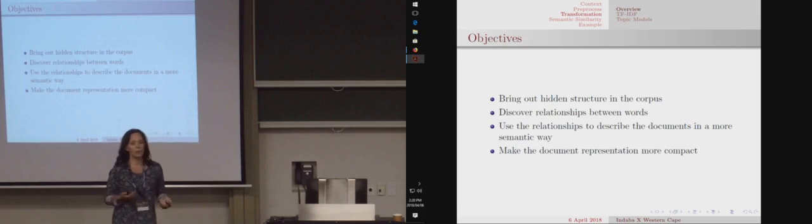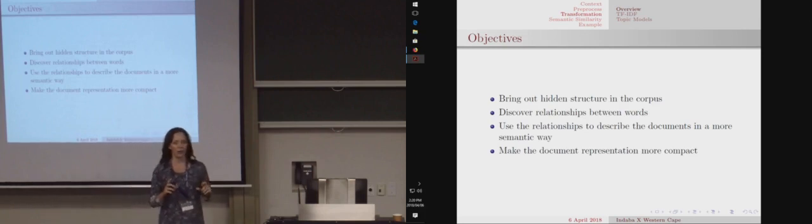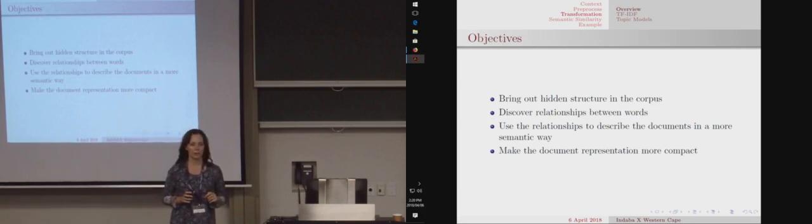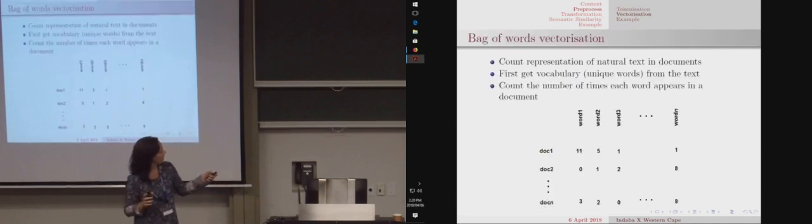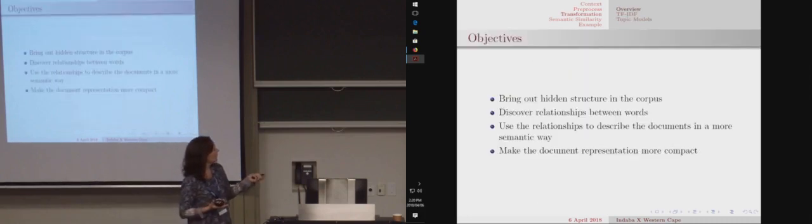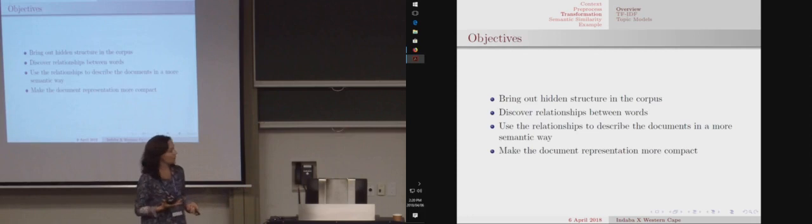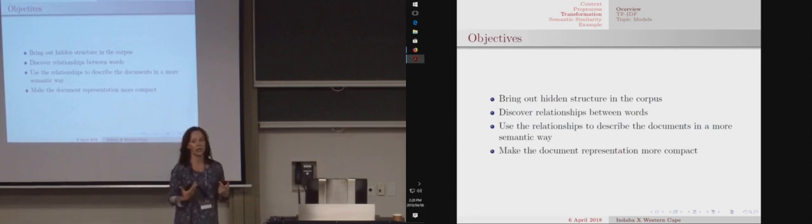Okay, so now we get to transformation. We are now in phase 2 of the process. We've done the bag of words representation, so we've got a vector representation that we can feed to our computer, and the model will understand it. The objectives of the transformation are to bring out the hidden structure in the corpus and discover the relationship between words.